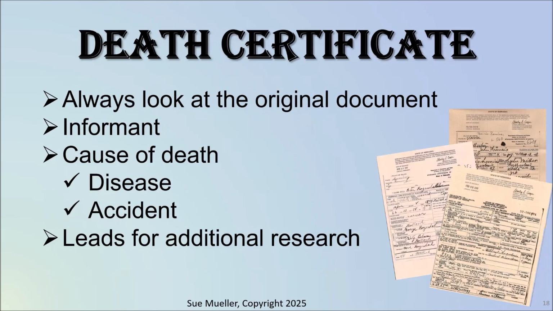On the death certificate is the name of the informant. If you don't look at the original document, you're not going to see who that was. You can judge how likely the information is to be accurate by who's giving it.